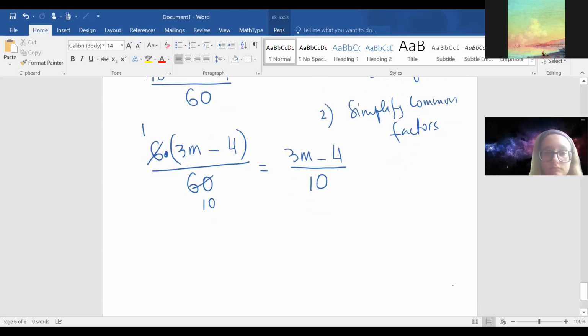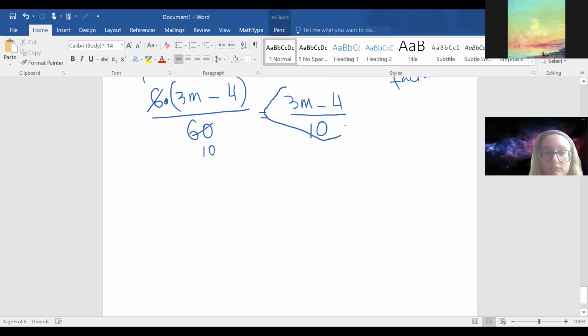Even more telling, even if it was 3m minus 10 divided by 10, don't push the envelope, stop right here. Don't cross out the 10s.